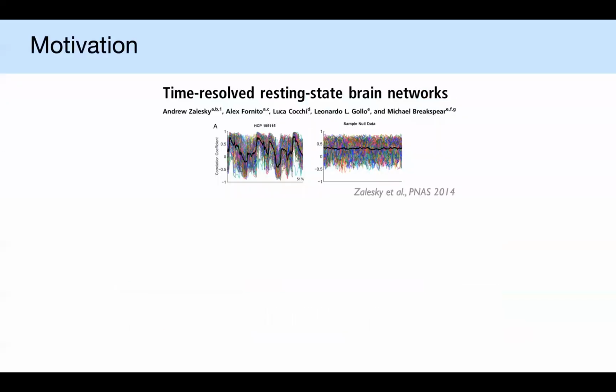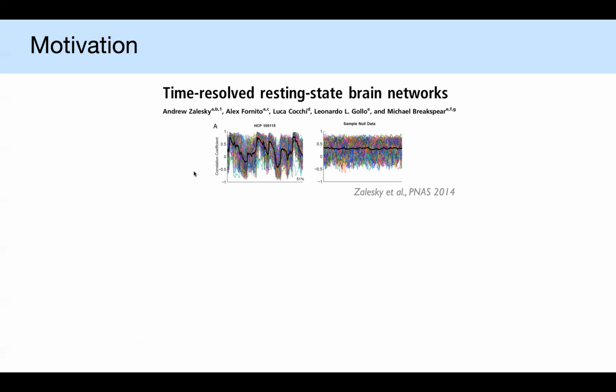And I wanted to start with this result presented in Zaleski and collaborators 2014. I'm sure most of you know that result, where they apply a sliding window correlation approach, so a very simple, very basic approach, on fMRI time series, and they observe what you see here on the left, which is large fluctuations of this correlation coefficient, and importantly, coherent across all pairs of brain regions.